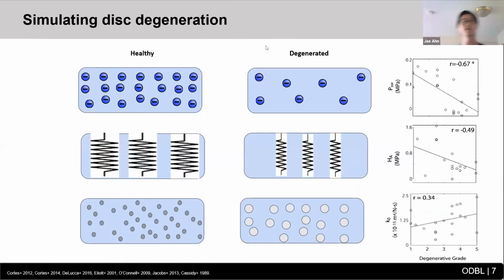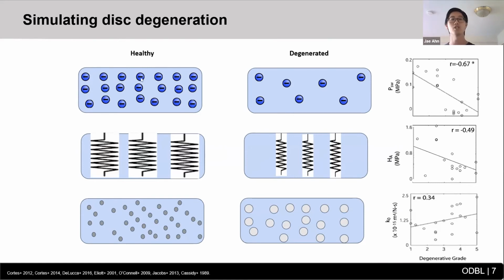Okay, so now to simulating disc degeneration. What I did was look at specific properties of the disc and modify them to see what they would look like in their degenerated state. The first thing I looked at was something called fixed charge density, and you can think of fixed charge density as the disc's ability to absorb and take in fluid from its surroundings, and the more fluid it takes in, the more it can expand and swell, right?